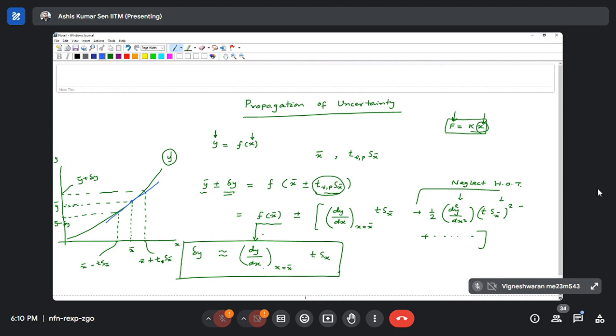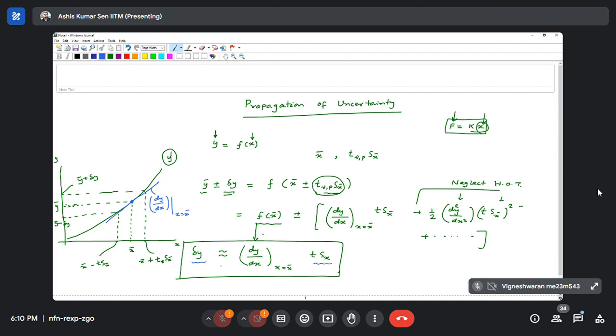We said dy by dx at x equal to x mean, at this very point. Okay. So this is basically your dy by dx at x equal to x mean. So what we see is that a small random uncertainty in the measurement of x brings about an uncertainty in the value of the derived quantity, which is y.